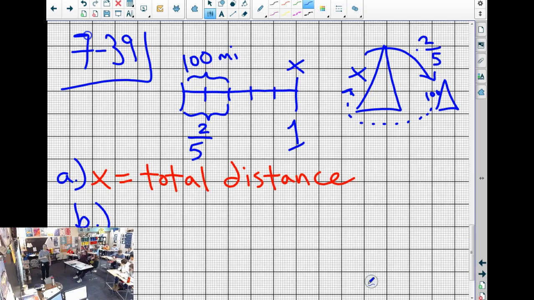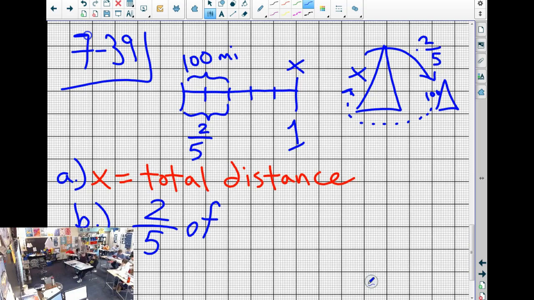We don't have a percent here, we have a fraction. And it's 2/5 of what? 2/5 of the whole trip, the total distance.